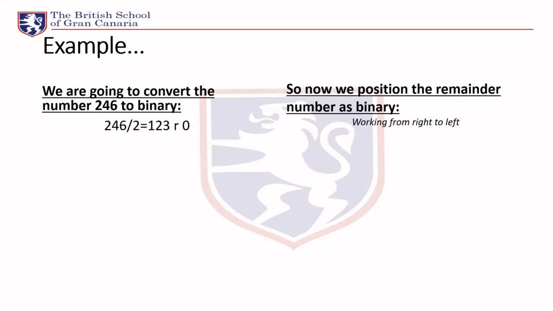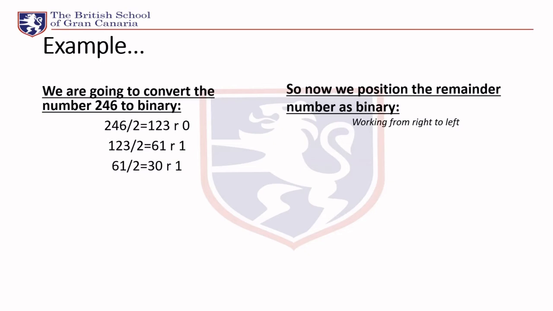So we're going to convert the number 246 to binary. So 246 divided by 2 equals 123 with a remainder of 0. Then if we divide 123 by 2, it is 61 with a remainder of 1, because there's a partial number, so there is one number left over.